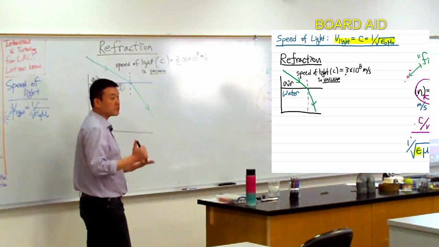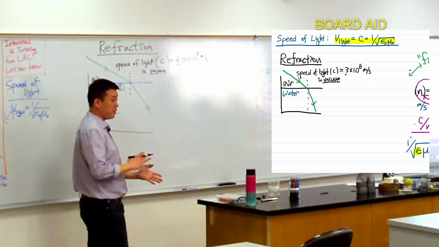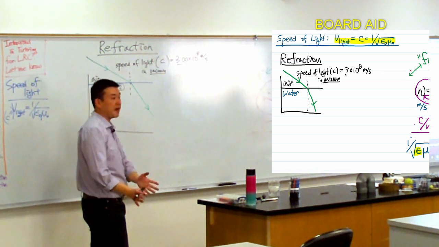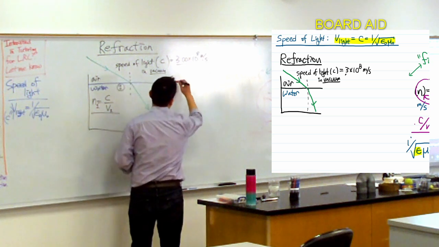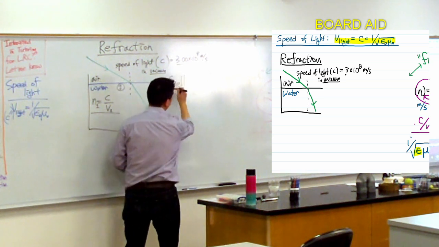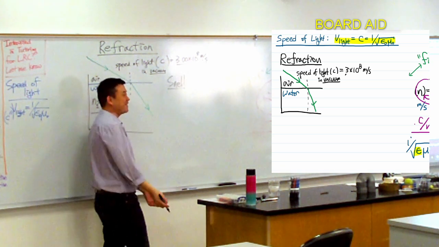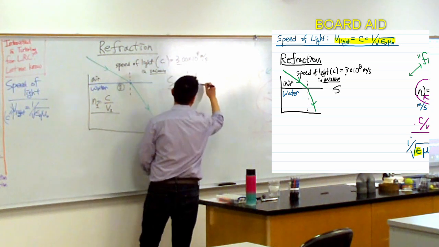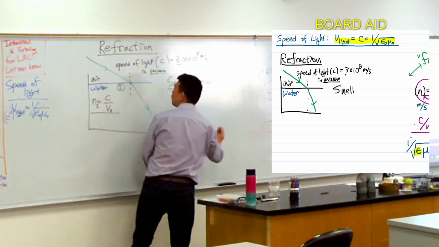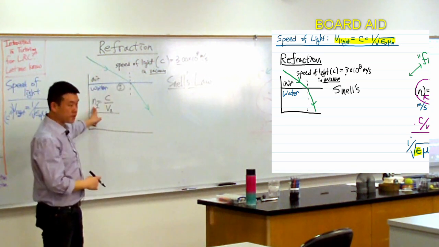But we can actually justify Snell's law based on our understanding of light as a wave. So this is what Snell's law says. This is how you spell Snell. So Snell's law says, it involves the index of refraction.